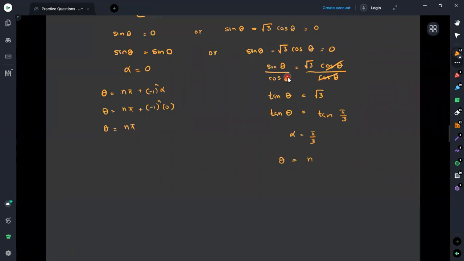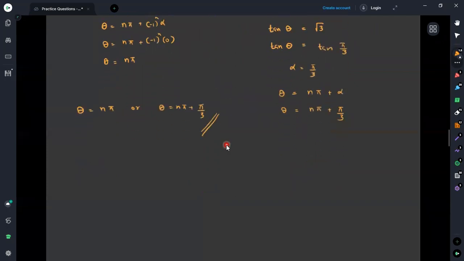The equation is given as n times pi plus alpha. Then we can take the value of theta. It is equal to n pi plus pi divided by 3. Therefore, we can take out the set of solutions. It is theta equals n pi, or we can say the value of theta is equal to n pi plus pi divided by 3. Therefore, this is what we can find out.